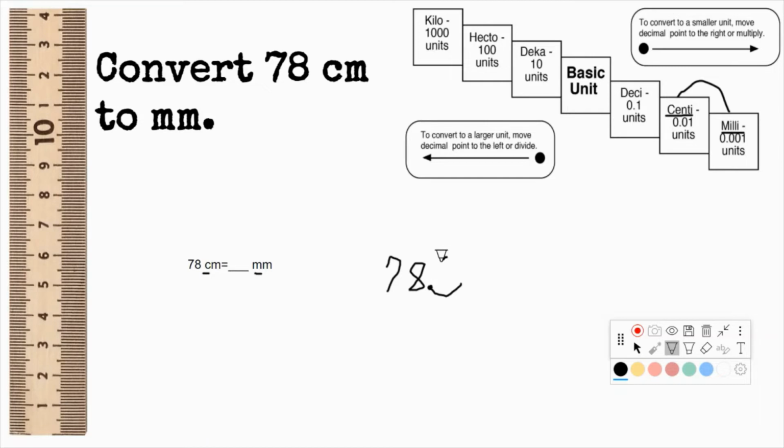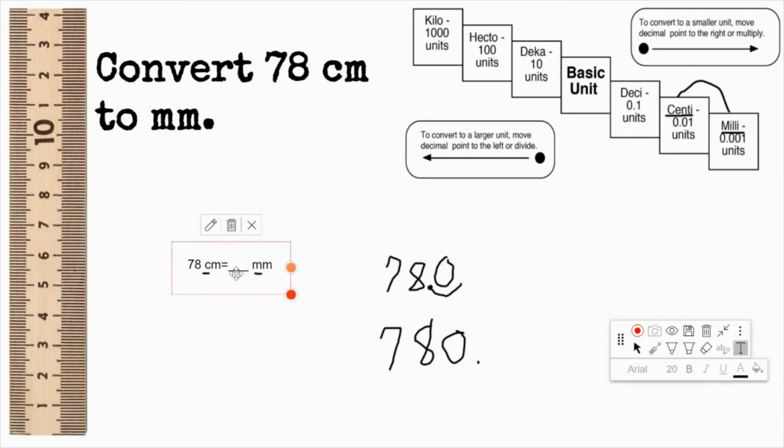Remember, every time you move the decimal, you got to add a 0. So we'll put a 0 right there. And then this actually turns out to be 780. Right, and if you wanted to, you could put the decimal right here, but you don't necessarily have to. So then the answer right here is just 780.